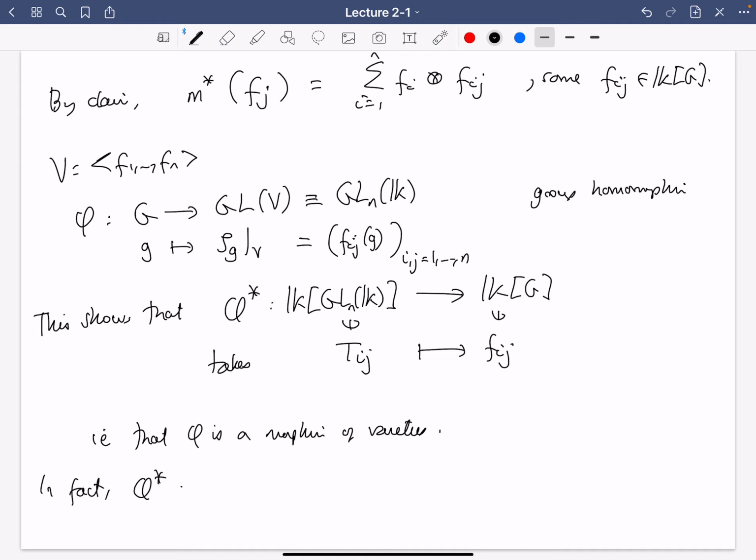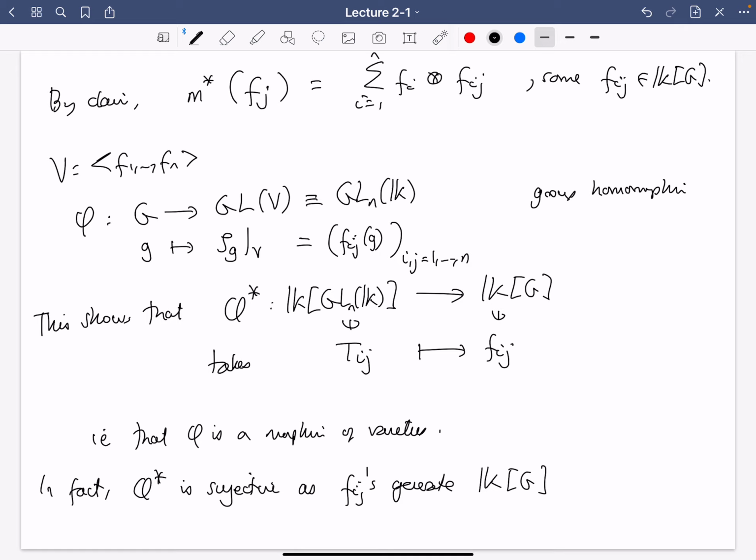In fact, phi star is surjective, as the fij's generate the coordinate algebra of G. How do you see this?